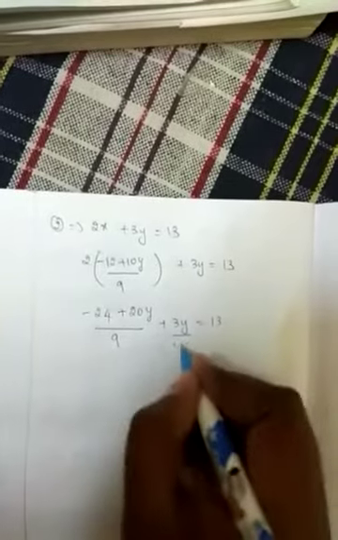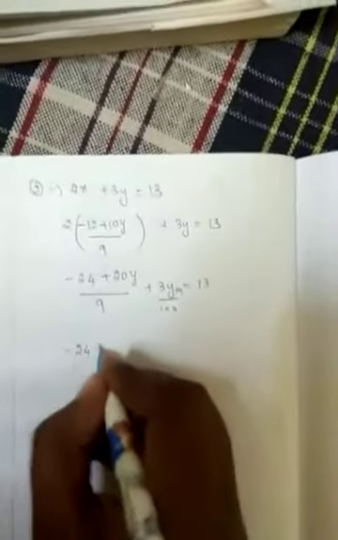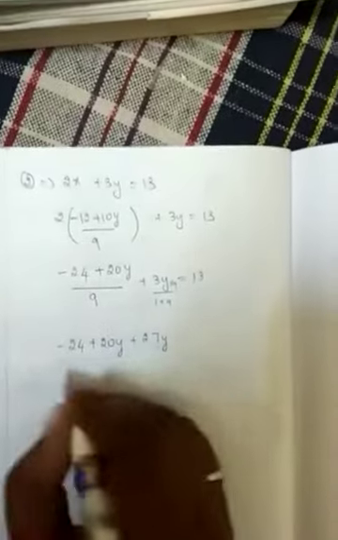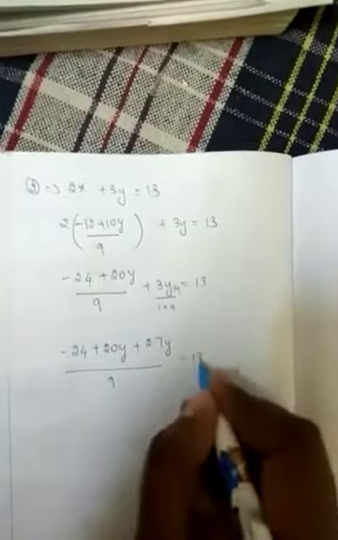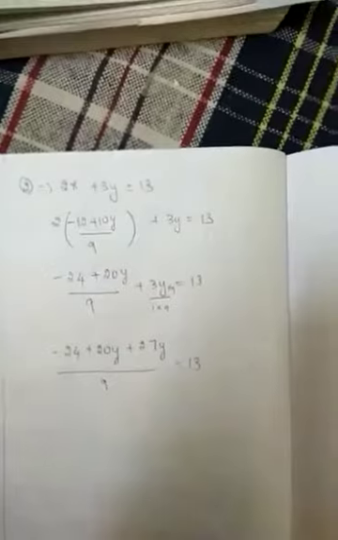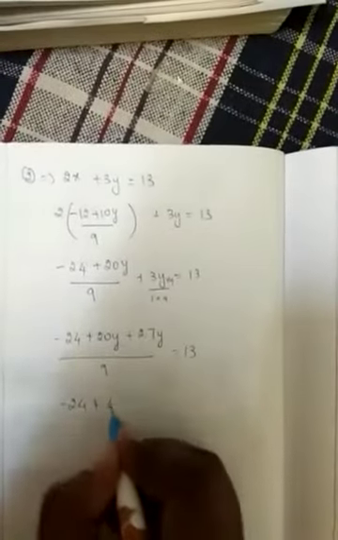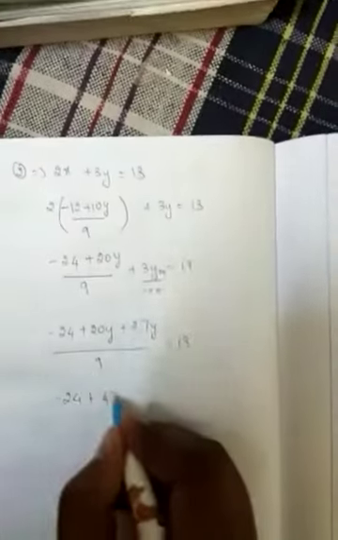So now I have to multiply here numerator and denominator by 9. So minus 24 plus 20y plus 27y divided by 9 is equal to 13. I'm going to take 9 to the other side, and in the meantime I'm going to add this: plus 47y.